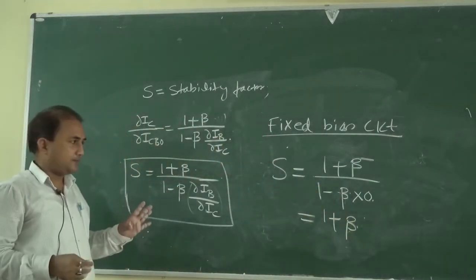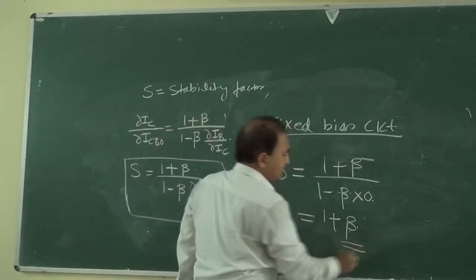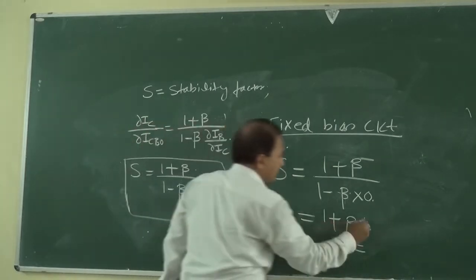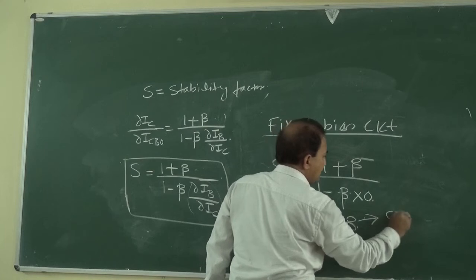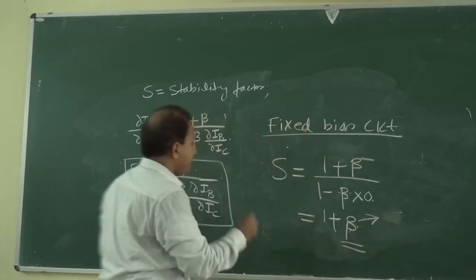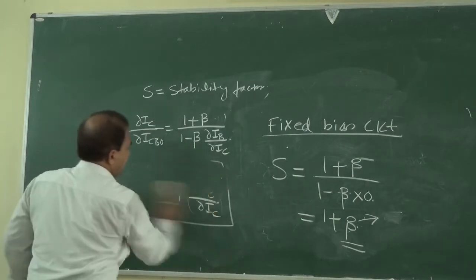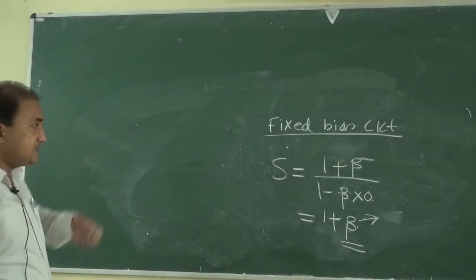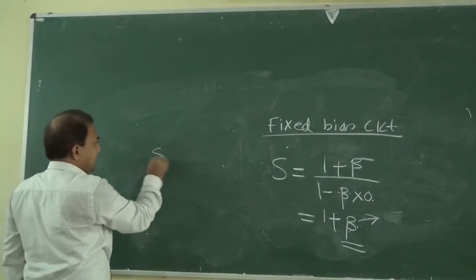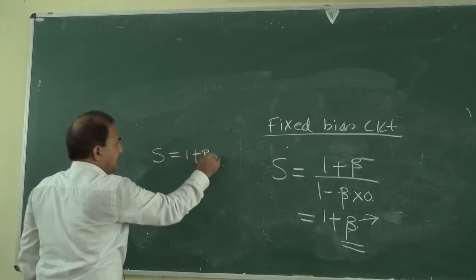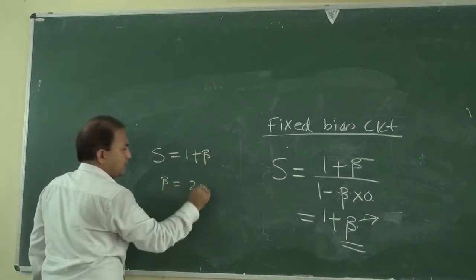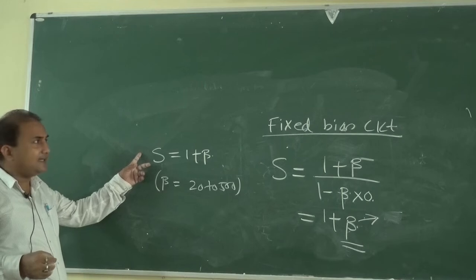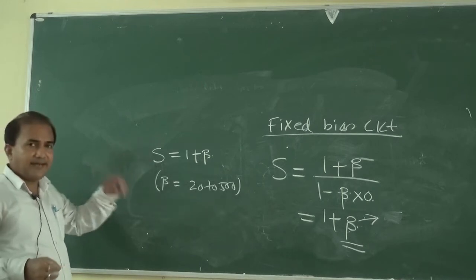Beta is the current amplification factor in case of common emitter configuration, and the value of beta is very high. The range of beta is approximately from 20 to 500. So the stability factor in case of fixed bias circuit is very high.